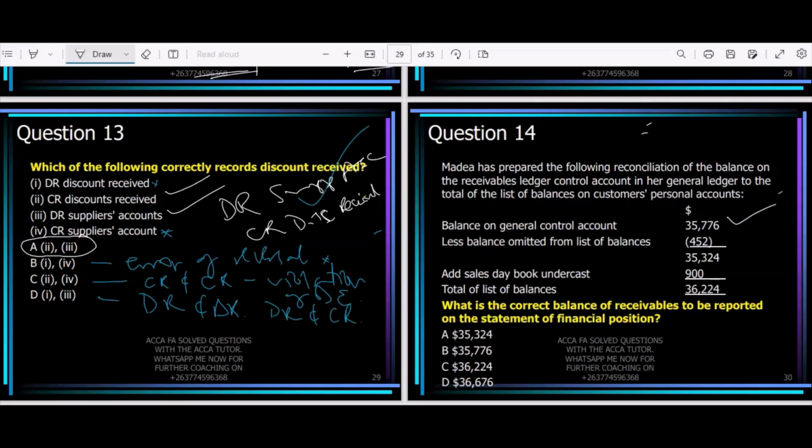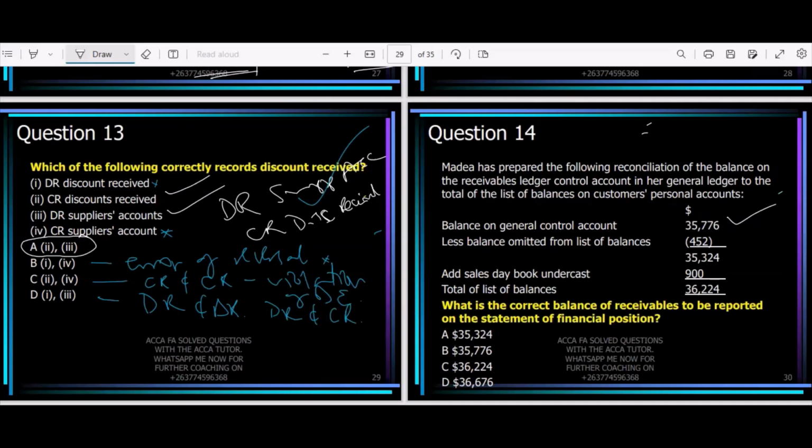The correct balance of receivables on the SFP should be equivalent to the balance as reported by the receivables control account. It should be equal to the receivables control account balance, or let us just say the balance carried down at the end of the period.